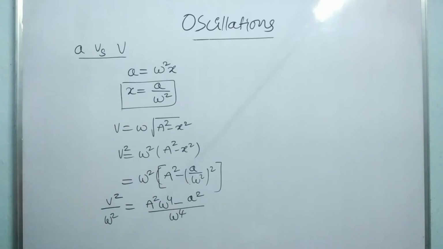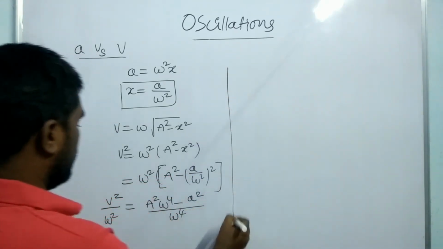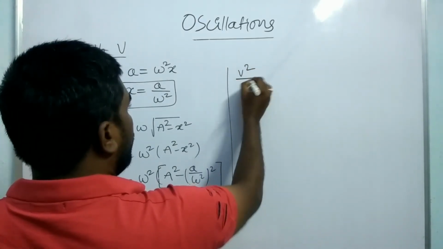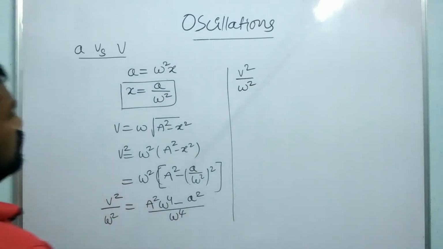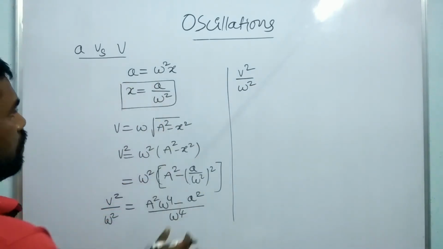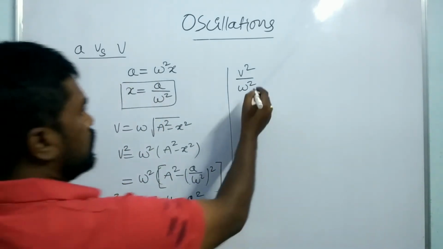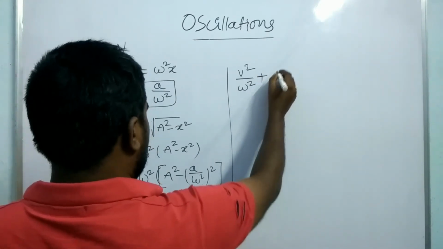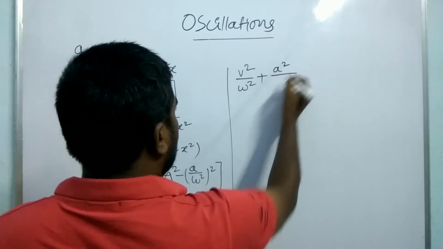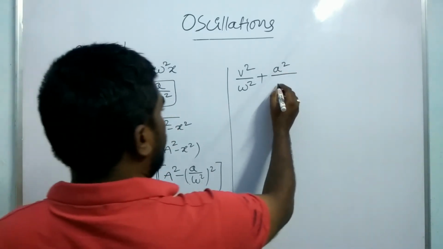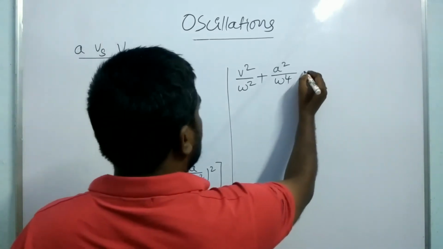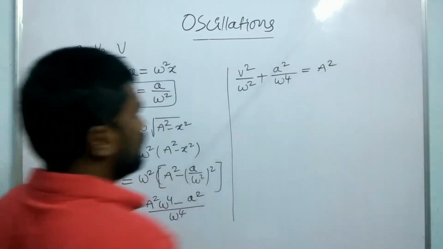Let us write v square by omega square, and plus a square by omega power 4, it is equal to a square.